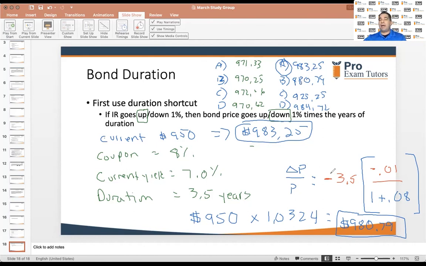And if I happen to forget that this is always negative and forget to put in a negative here, I wind up with a bond price that goes in the wrong direction, less than what I anticipated with my shortcut. We get ahead of things by doing the shortcut first, to show us that this should go up by about a certain amount.